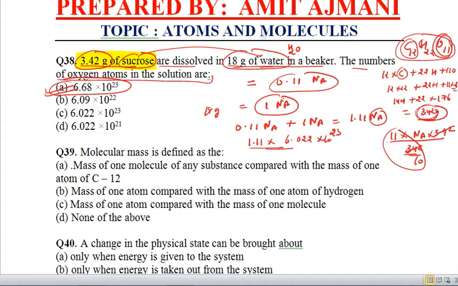Then in water, how many number of moles are there? And since we are dissolving sucrose into water, the number of atoms present in this solution will be the addition of both. Then we will be able to directly calculate. Good question. Okay.